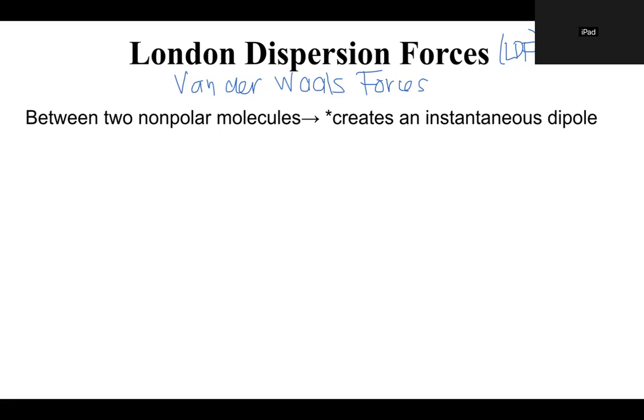On the previous slide, we said that water has a permanent dipole, meaning water will always be a polar molecule because of the electronegativity difference between oxygen and hydrogen and the asymmetry in the molecule. But when we have nonpolar molecules, we can form an instantaneous dipole, a dipole that occurs in an instant. It's there for an instant and then it's gone. But we're going to see how that ripple effect can ultimately create some intermolecular forces.